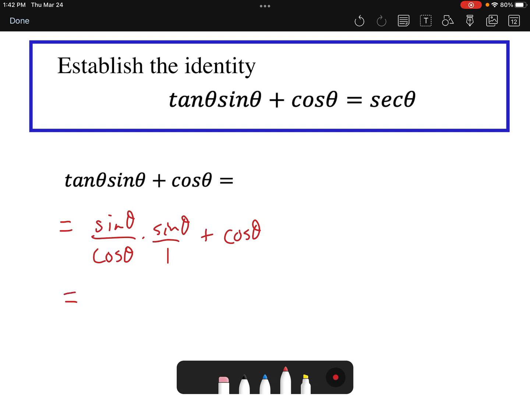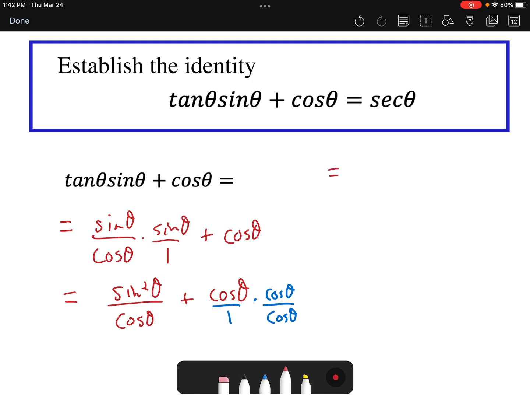Well, usually it's easier to work with sines and cosines. Well, look at there then. Sine times sine is sine squared all over cosine. That didn't help much, did it? Or did it? Because I have a fraction now, and to add fractions, you have to get a common denominator, which in this case would be cosine.